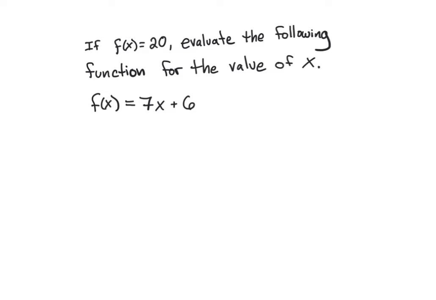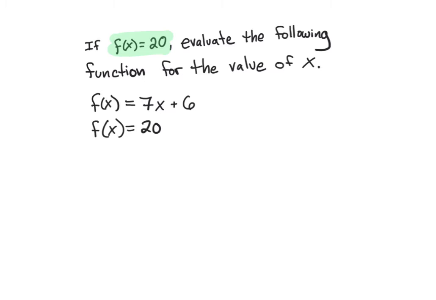This situation is a little different. First, let's read it. If f of x equals 20, evaluate the following function for the value of x. And then we're given the function f of x is equal to 7x plus 6. I like to grab this piece of information and rewrite it down here so that I can better see what I'm working with.